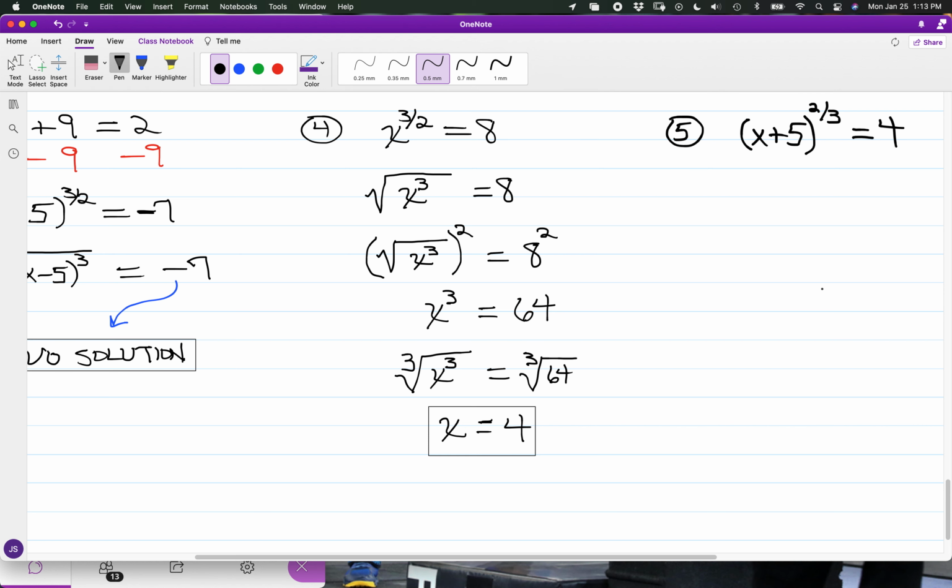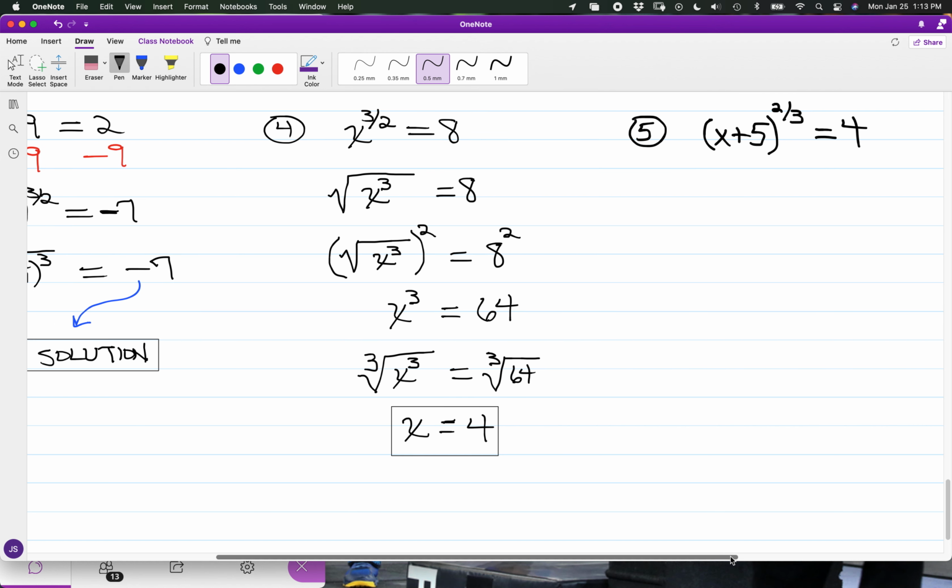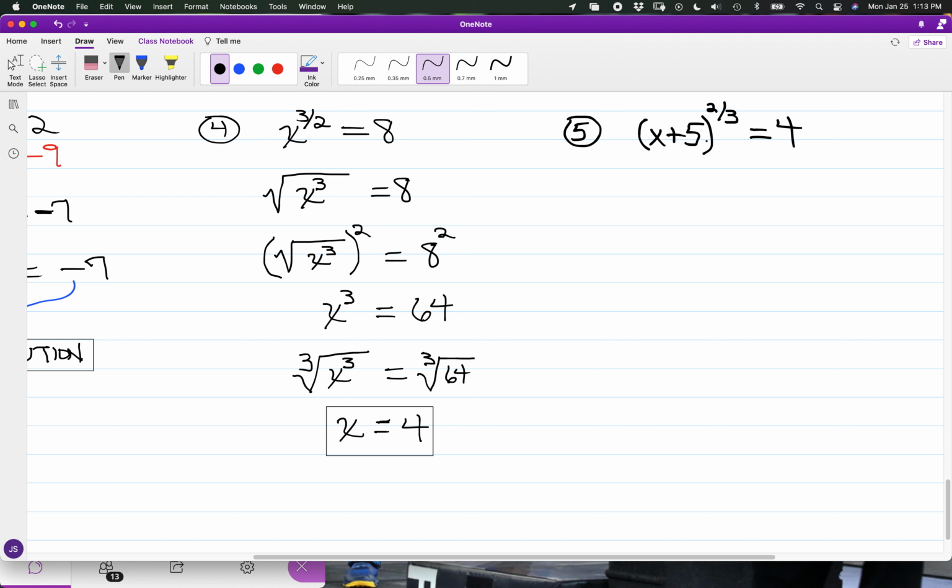Okay, so just rewriting, going from exponent to radical. We had the bottom number to be 3, so this signals that we have a cubic root. So the cubic root of the square of x plus 5 is equal to 4.